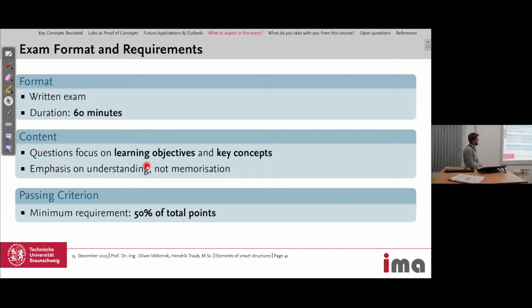The question focus is on the learning objectives and the key concepts. We try to emphasize understanding, not memorization, and you need 50% of total points to pass. And if you look carefully again at this presentation, you might find some hints about what could be questions in the exam.